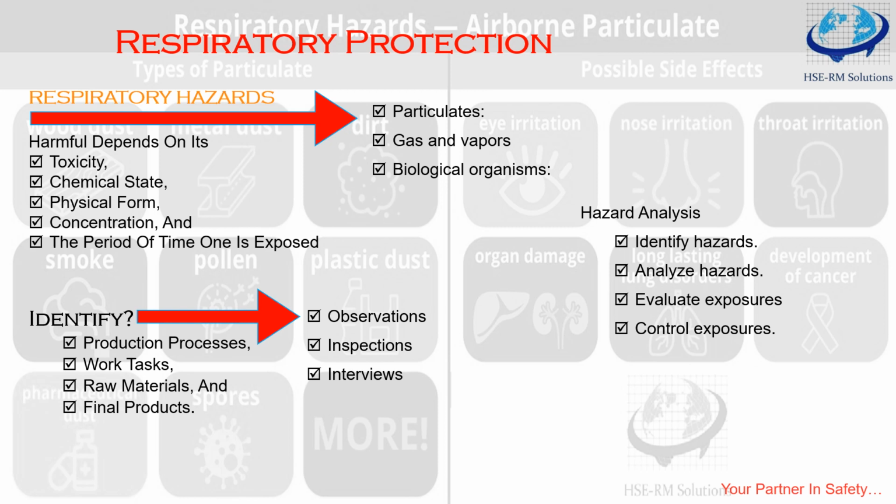Now, we know that respiratory hazards include particulates, gases and vapors, and biological organisms. How does this hazard affect us? It is called its harmful effect. Yes, harmful effects are wide ranging.